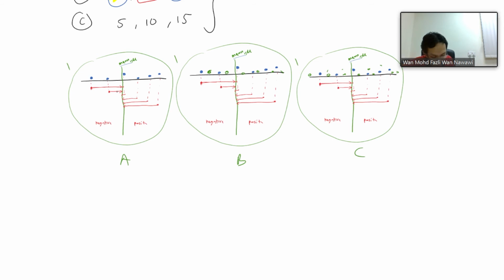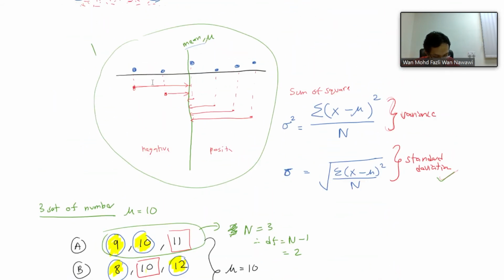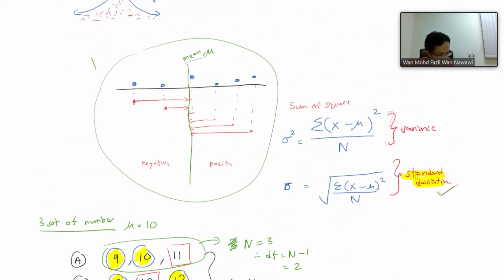Now if you try to find the standard deviation, before that, what does the standard deviation mean here? If you take the average of all this, you get something like this. That is the standard deviation: how spread out the data is in terms of value.